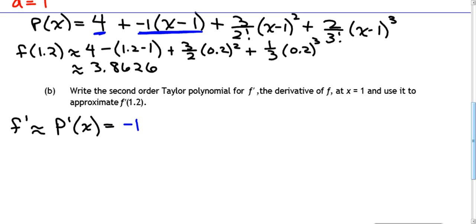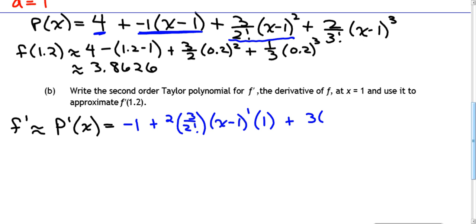The derivative of my next term is going to be 2 times 3 over 2 factorial times x minus 1 raised to the first times the derivative of the inside, which is 1. Derivative of that last term is 3 times 2 over 3 factorial x minus 1 raised to the second power times the derivative of the inside, which is 1.